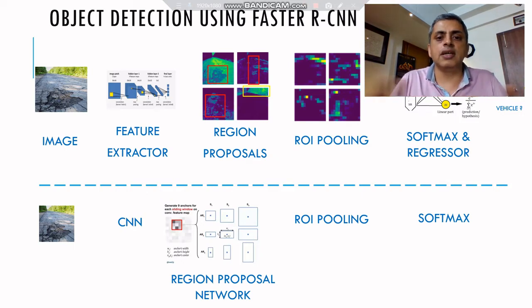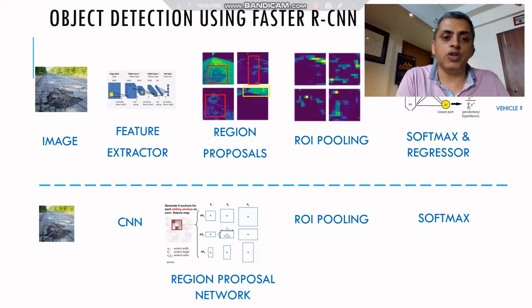It was not just a single network. For example, in the RCNN you had two different moving parts. One is the selective search which generated the region proposals, and also the SVMs which were used as the classifier. So all these things were not part of the network, and these were all separate pieces altogether.